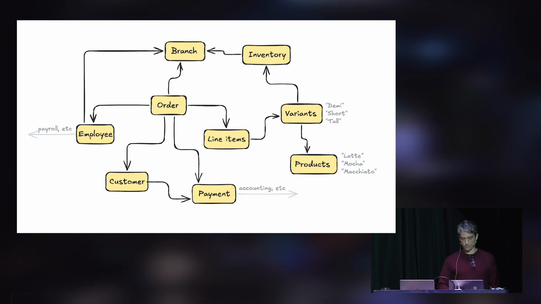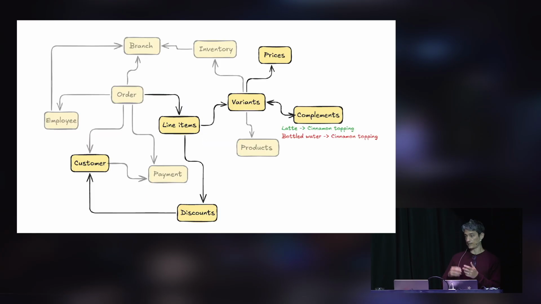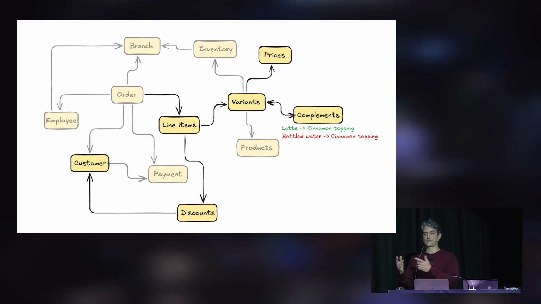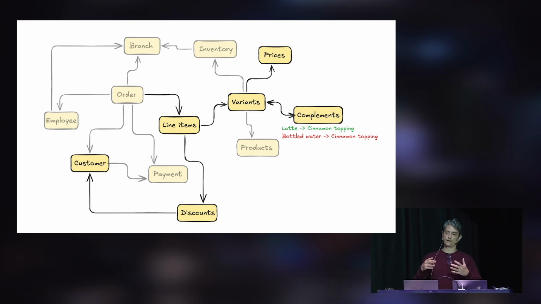Then what happens is that as the domain becomes more complex, as we need to add more features, we start adding more nodes and edges to this graph. So now we have discounts associated to customers, we have complements associated to variants, prices, inventory, and so on. As the domain becomes more complex, the graph mental model that we have in our heads becomes deeper.